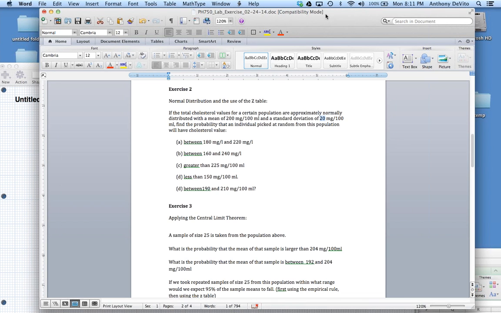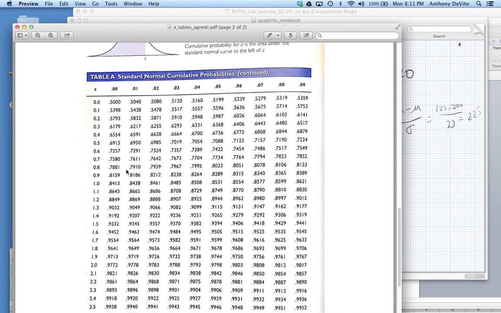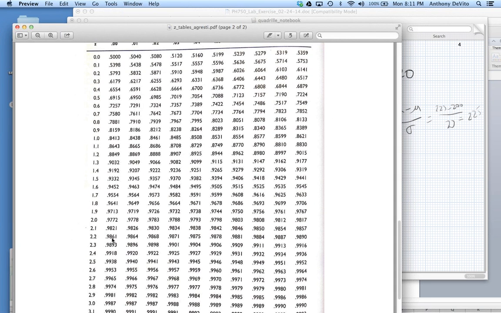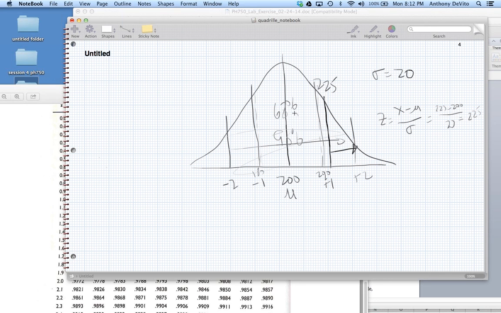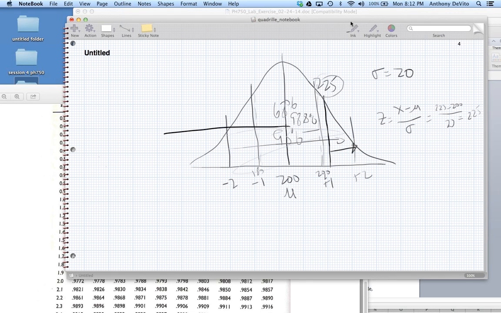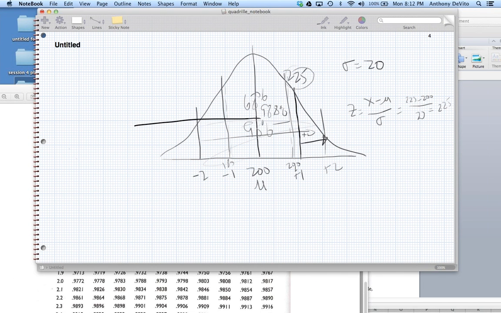So if I want to find that z-score, I'll use my table. Where did I put it? Okay, 1.25 is 89.4. Wait, I'm sorry, I had misread it earlier.